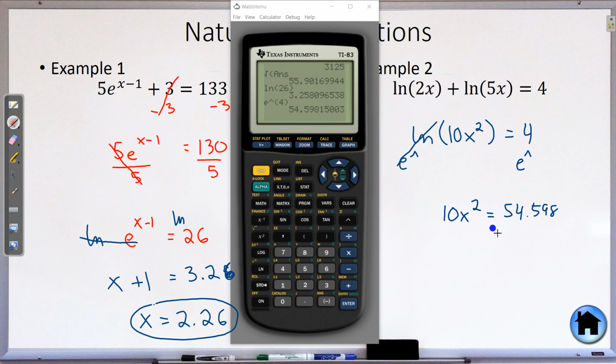And hopefully you're home free from here. We're going to divide by 10 and then square root everything. So divide by 10 and then square root of that number. And our answer becomes 2.33, or 2.34 if you want to round it up.